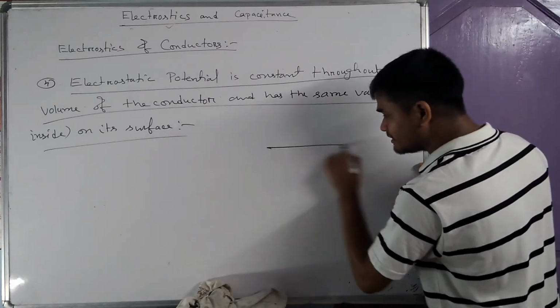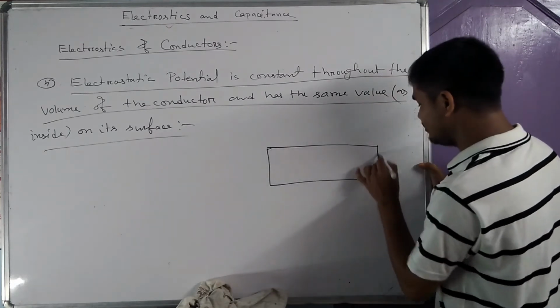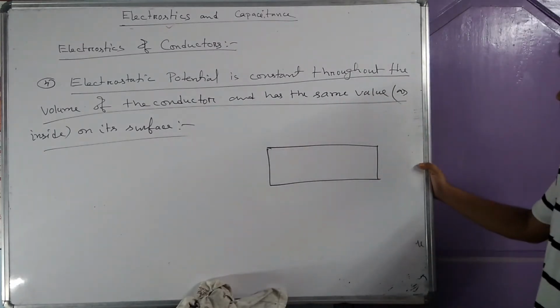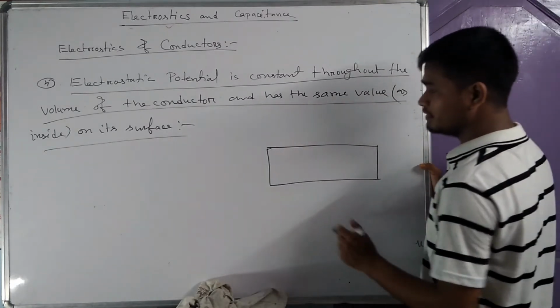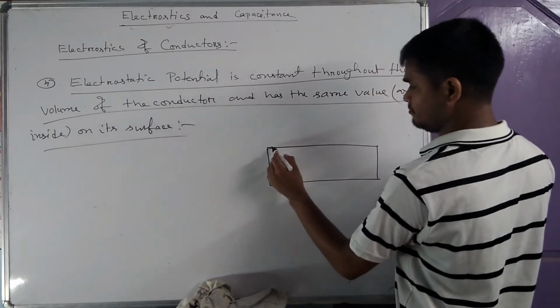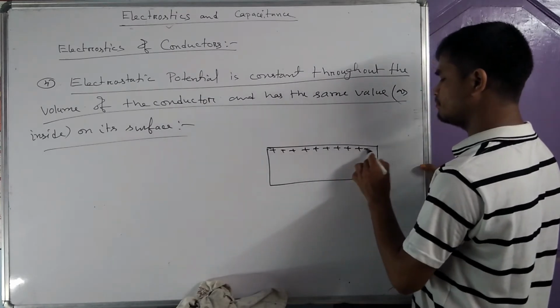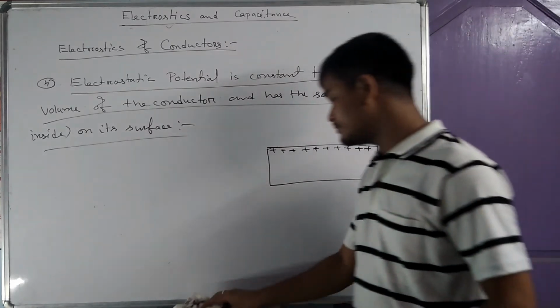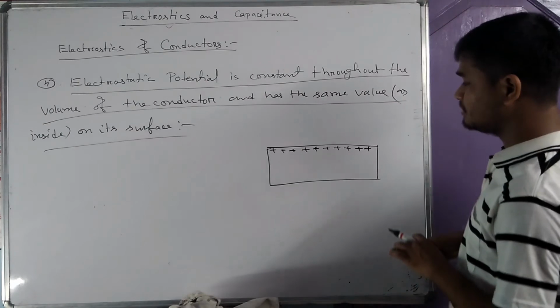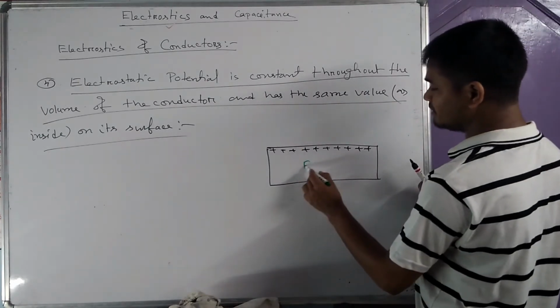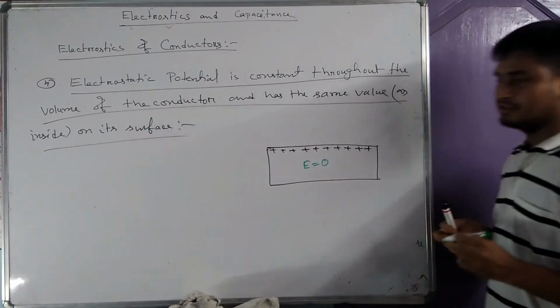Okay, let us consider this is a conductor. And let us consider there are some positive charges. Inside the conductor, electric field is 0.